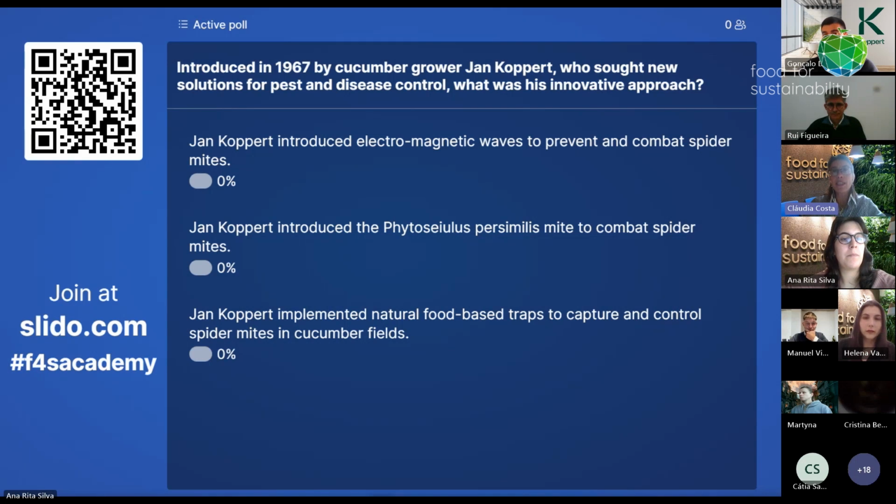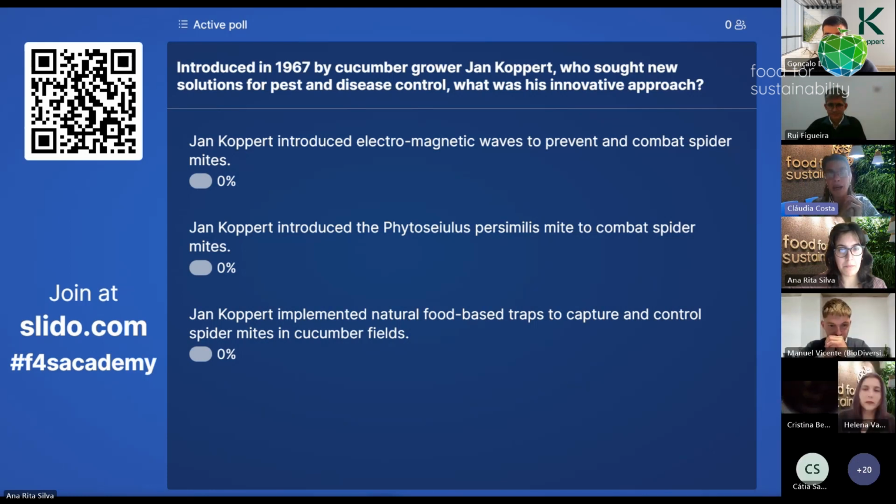Do you know what this innovative approach was? Was it because he introduced electromagnetic waves to prevent and combat spider mites? Or was it because he introduced the Phytoseiulus persimilis mite to combat the spider mites? Or was it because he implemented natural food-based traps to capture and control the spider mites in his cucumber fields?